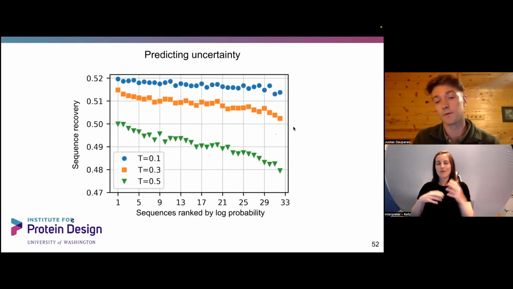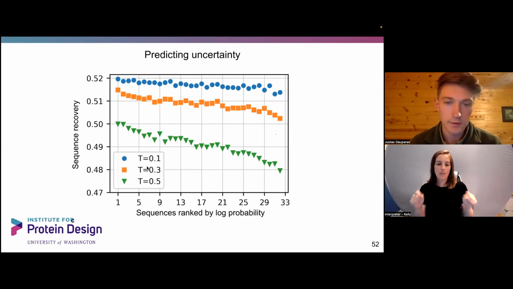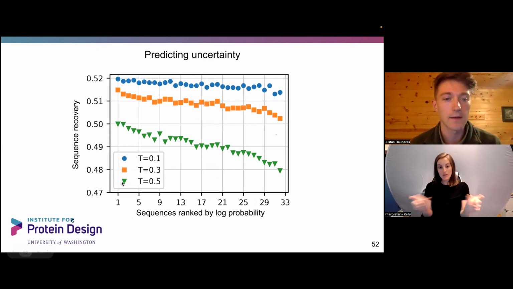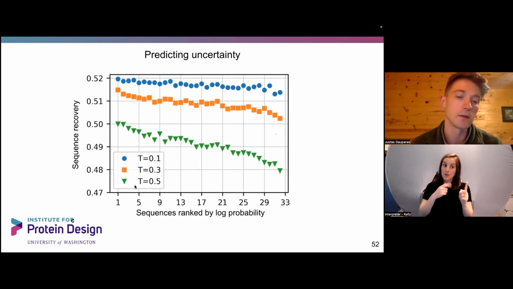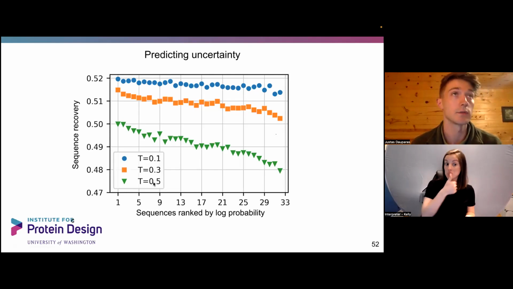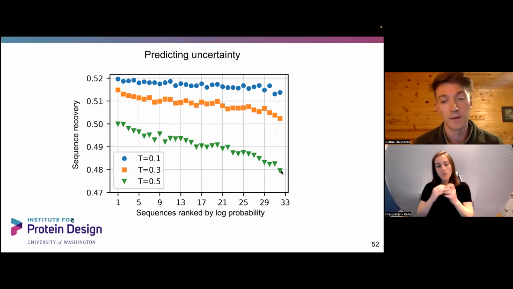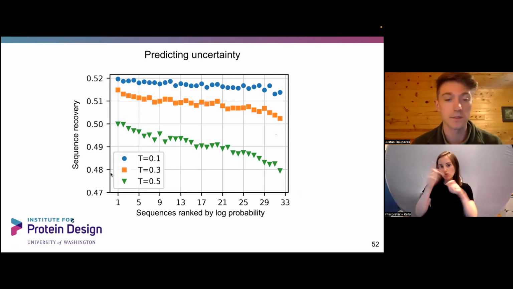In this case, I tried to design 32 sequences for these backbones and then rank them by the log probability. The most probable sequence is this one, and the least probable sequence is on the right. At the lower temperatures, there's only a very small distance between the least likely sequence and the most likely sequence, whereas at these higher temperatures, where there's maybe more randomness, there's a bigger gap between, for example, 48 and 50% sequence recovery.